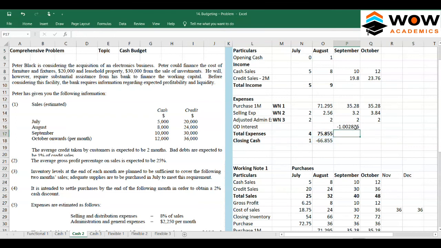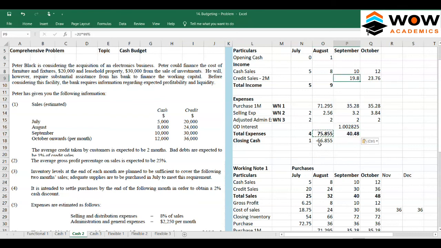We should not have a negative number, we should get a positive number. So let's put a minus and check, and yes, the minus symbol has negated the other negative number. So this is the overdraft interest that we have to pay in the next month based upon the deficit. So now we can calculate the total expense.